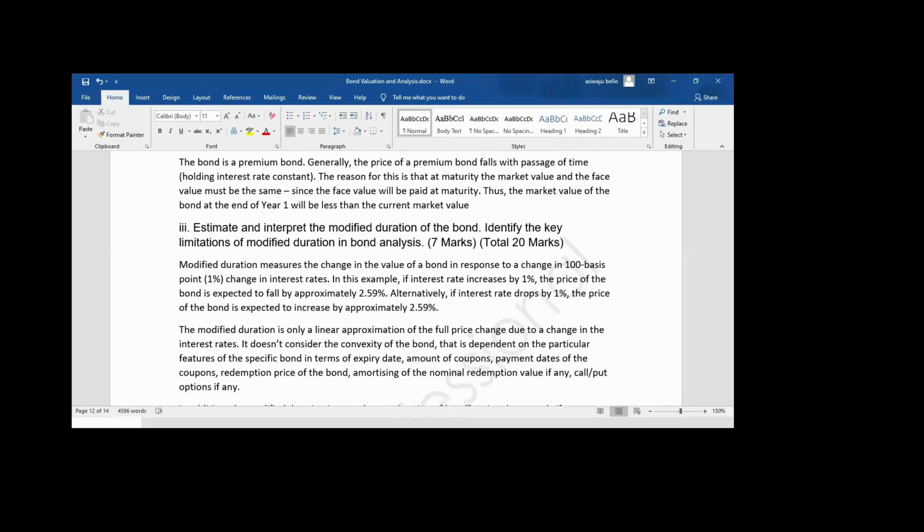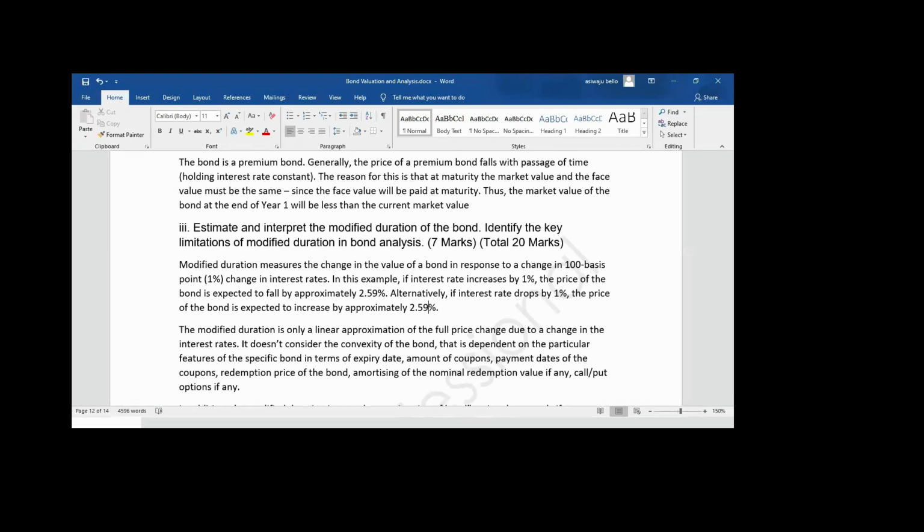The modified duration is only a linear approximation of the full price change due to change in interest rates. It does not consider the convexity of the bond.